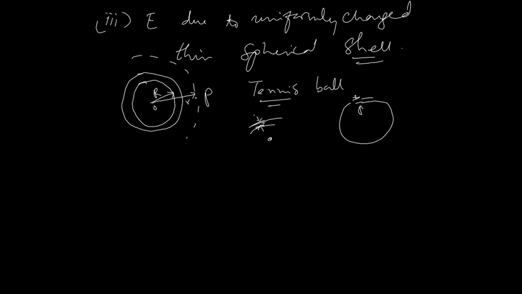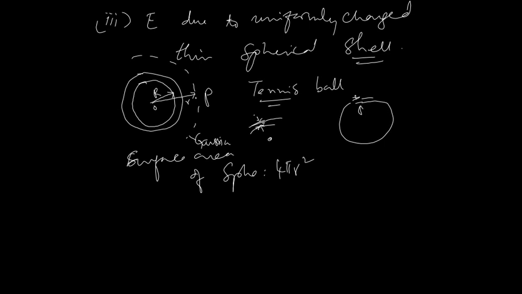We have already seen that if this is a spherical shell, then the surface area of a sphere is 4 pi r square. This is a Gaussian sphere.